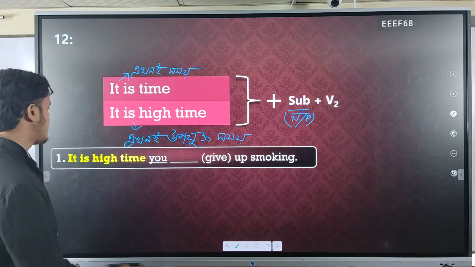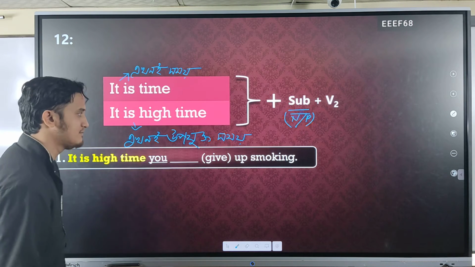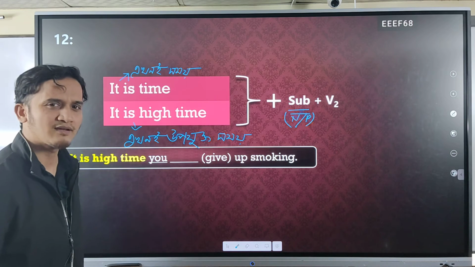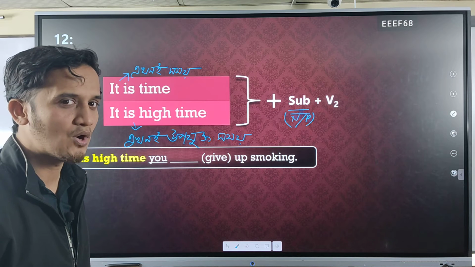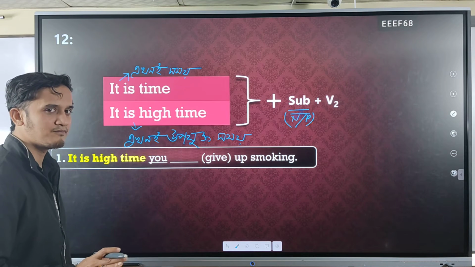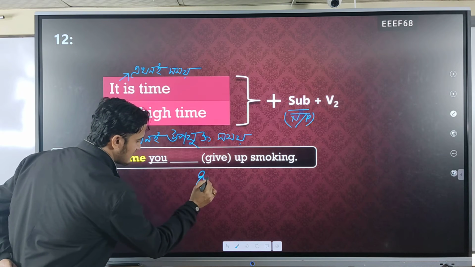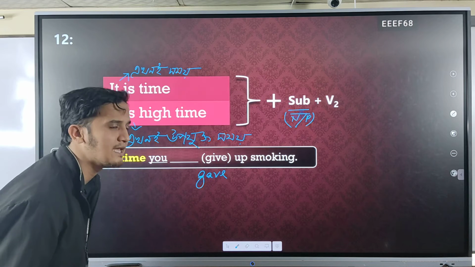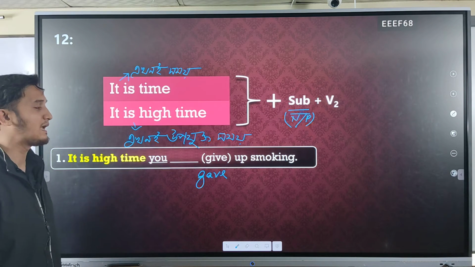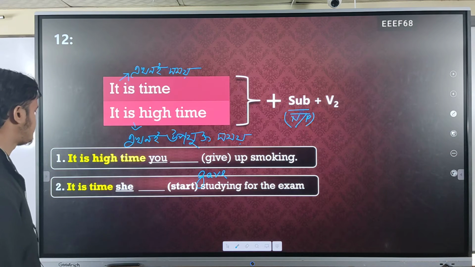Look at the example: it is high time. What can you write? Can you write given? No. Give? No. We must write the simple past form of the verb, that is gave. It is high time you gave up smoking. Clear? Another example for you.